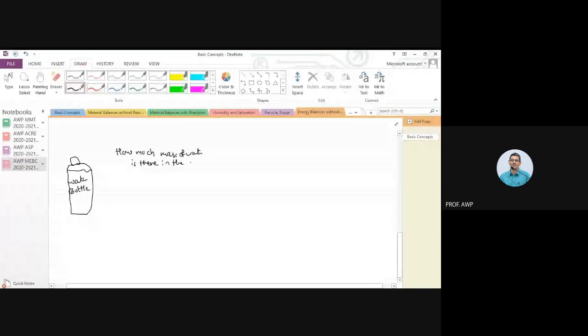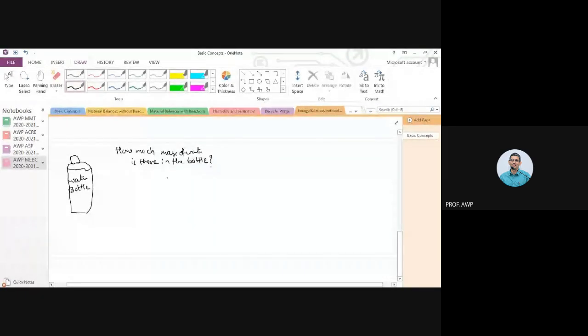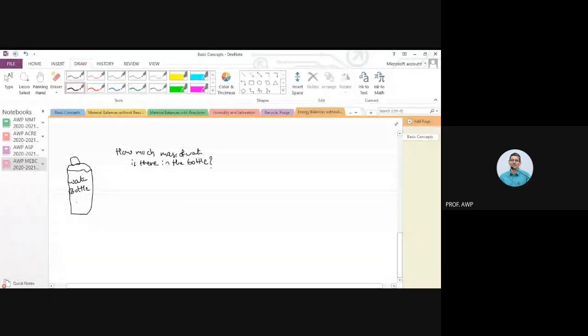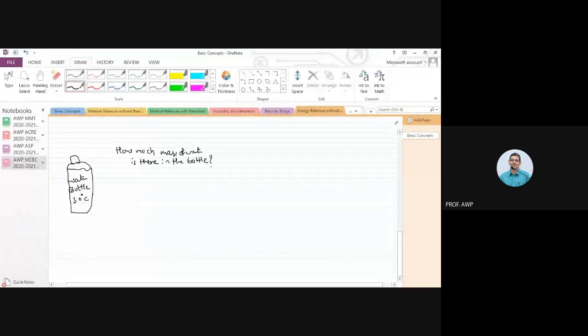How would you tell me? Suppose this bottle is at room temperature, 30 degrees centigrade. Can you tell me the mass of water in the bottle? How do you find that out?